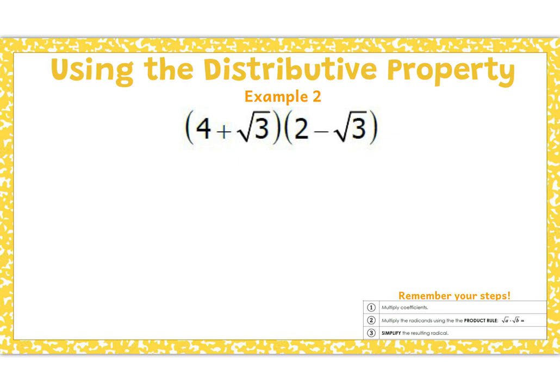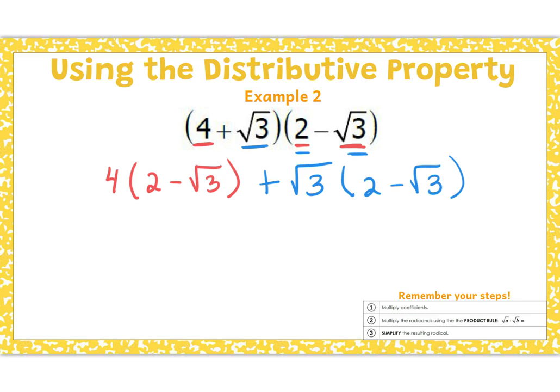So here we have an example where we have double distribution. We are multiplying twice, or we're using the thing we used before, FOIL. If it helps, you can write out the problem twice to help you see what are we multiplying with what.